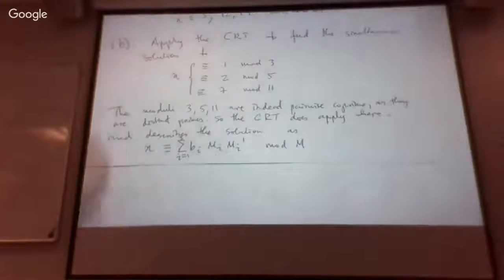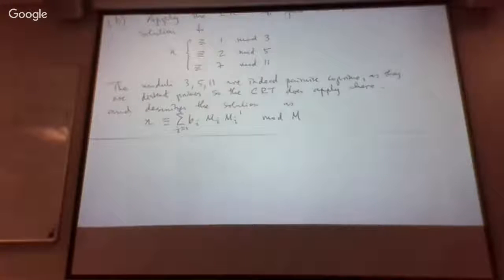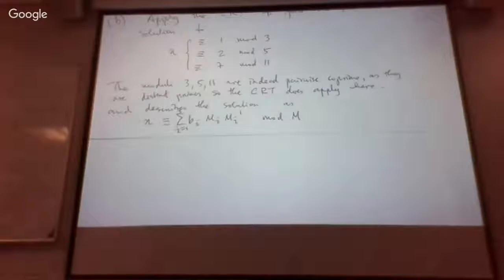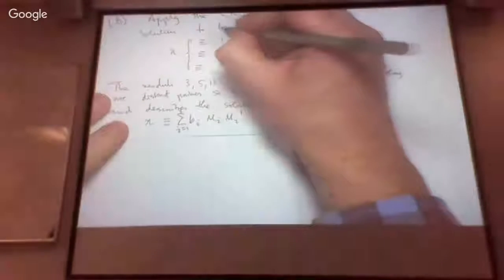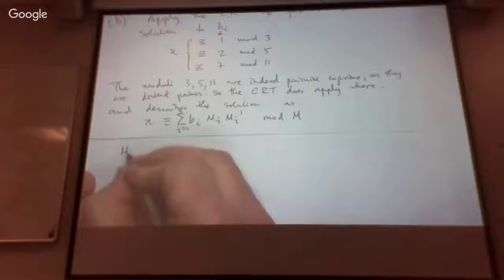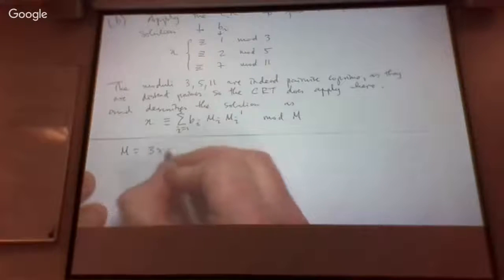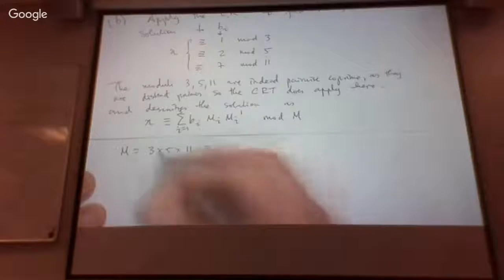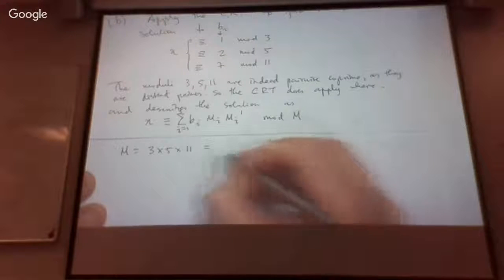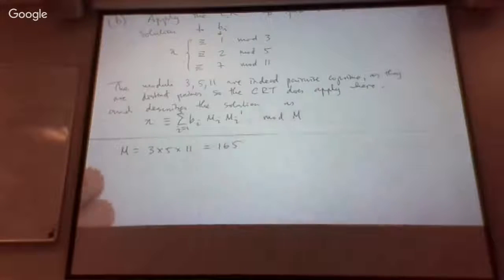So the formula describes the solution as this. So what are these things? Well, the b_i are just the constants from the 3 equations. Capital M is the product of the 3 moduli, which is 15 times 11, which is 165.